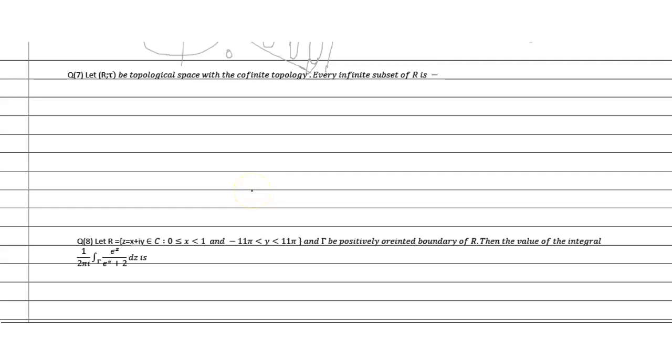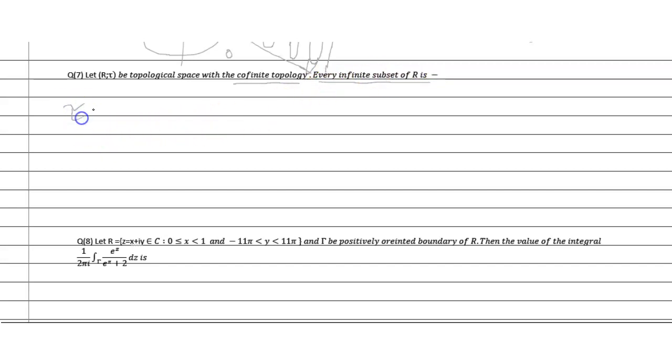Now we are going to discuss topological space with cofinite topology. So friends, let (R, tau) be a topological space with cofinite topology, and every infinite subset of R is, so find out.